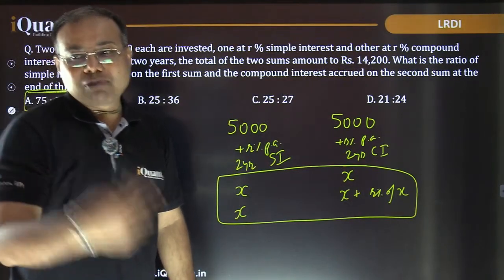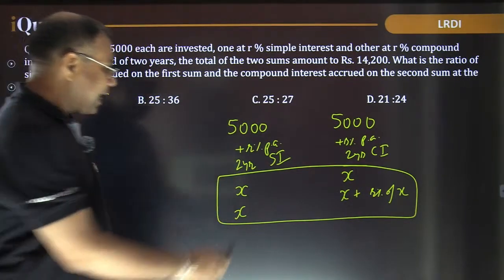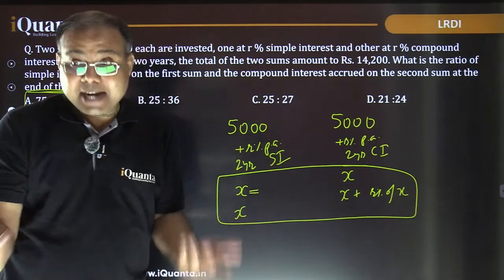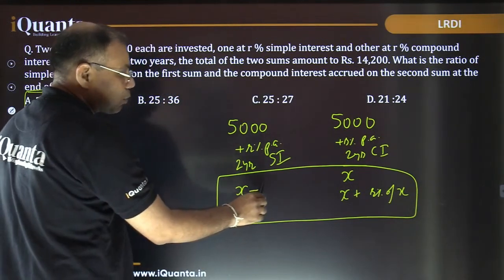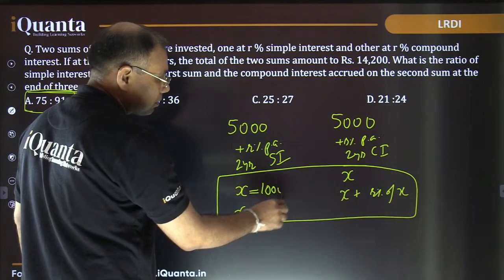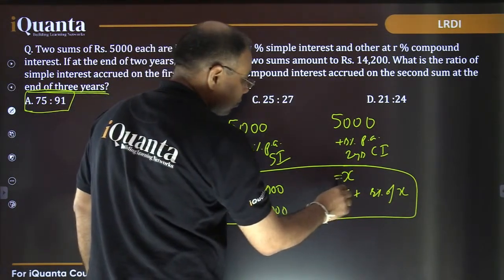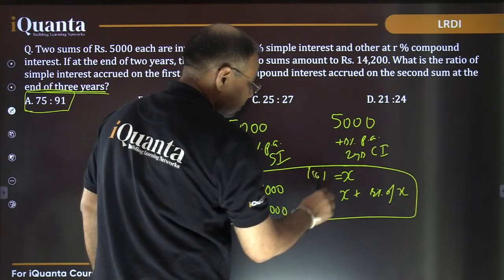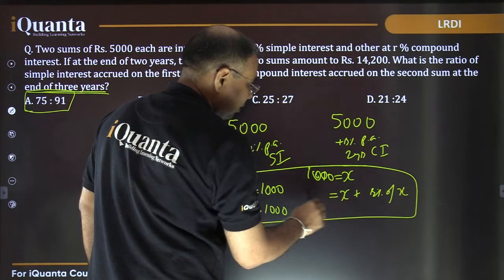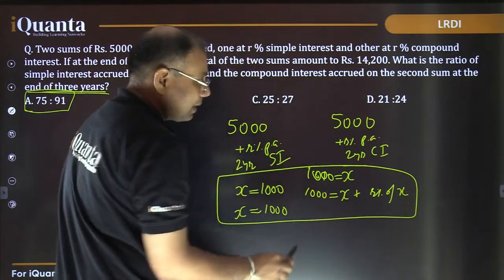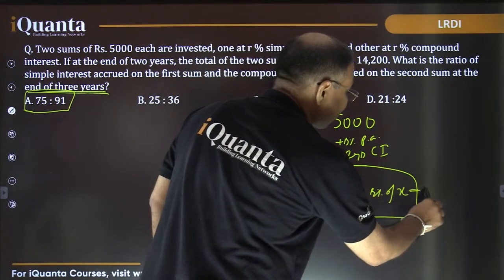And the easiest way which I can see here, if I take x to be 1,000, that's what I did. If I take x to be 1,000, this x is also 1,000, this is also 1,000, this is also 1,000. Then this r% of x must be 200.